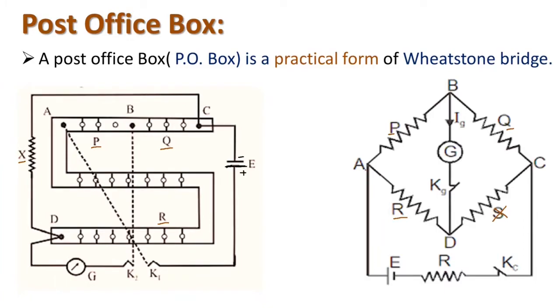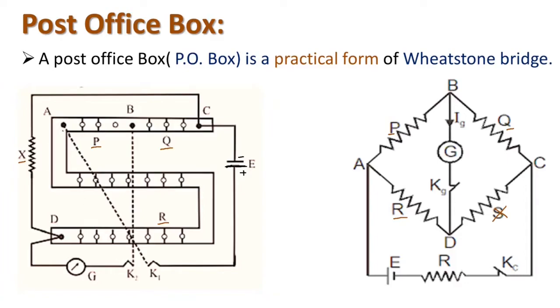And the opposite terminals A and C, they are connected through this battery, through this key, as A having higher potential respect to C. The same thing we are observing here.